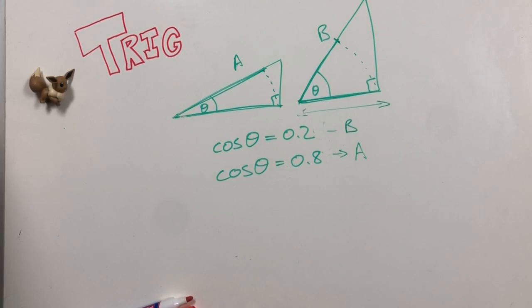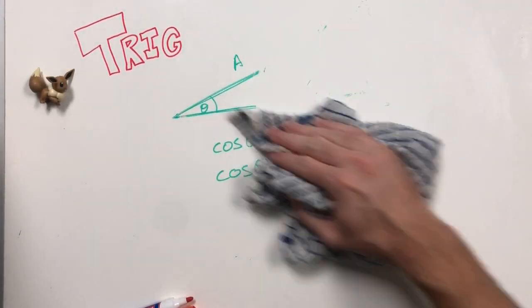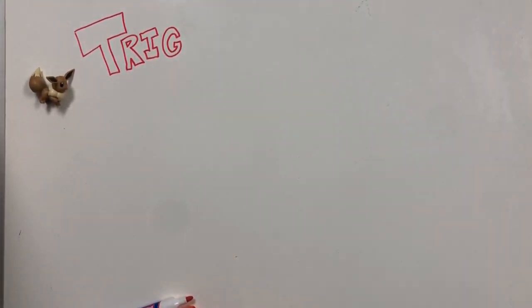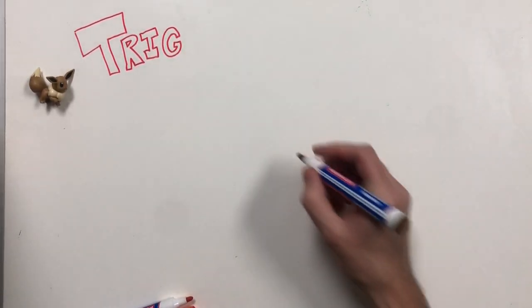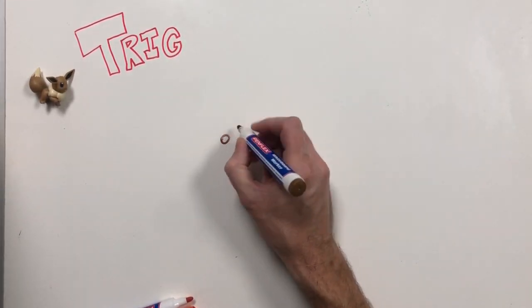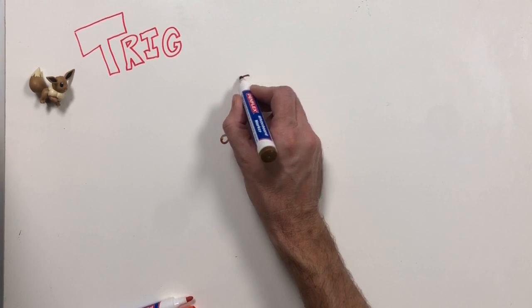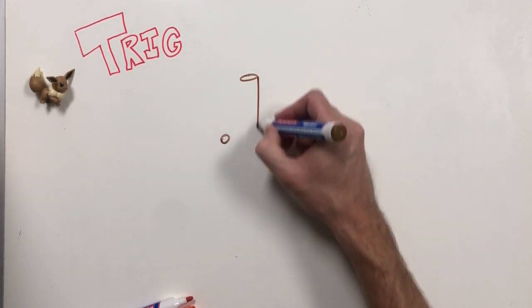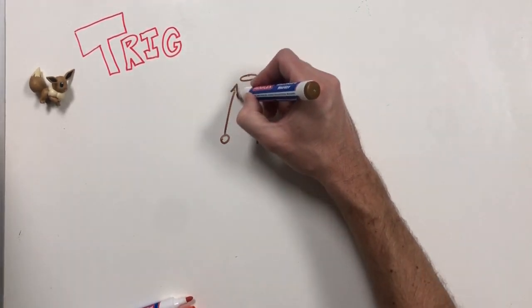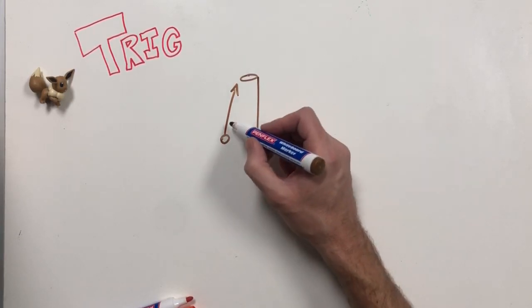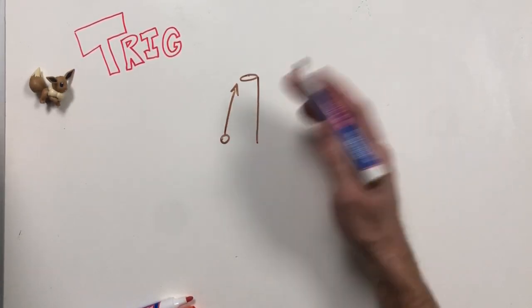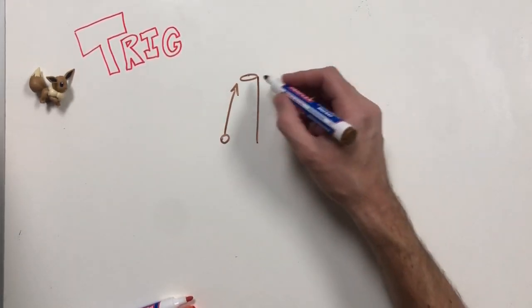As a last point to try and explain this, if I was playing basketball and I had a ball, and let's say the hoop is here, and I want to throw the ball up there, I'm going to bring the previous video in here.